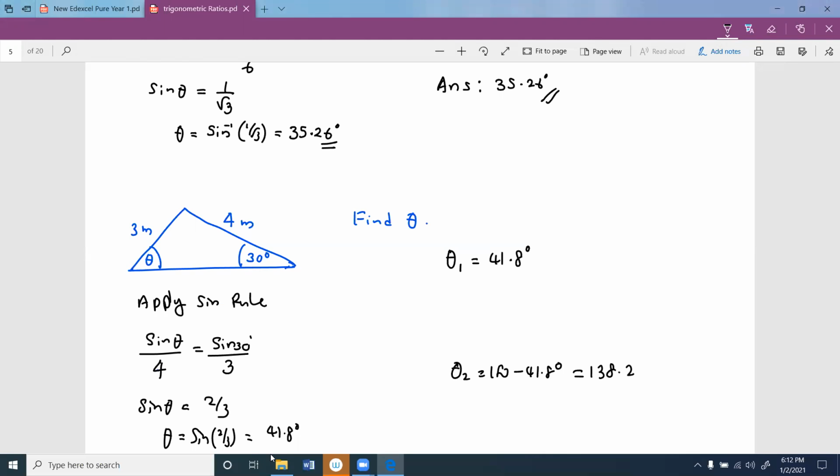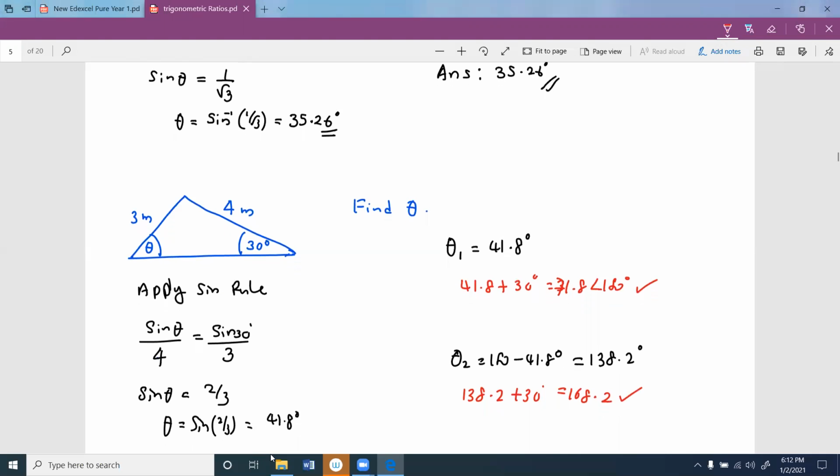Now what we need to do is add and check the angles. 41.8 plus 30 is 71.8, which is less than 180. So this is okay. And this one also is fine: 138.2 plus 30 is 168.2. This one is also correct. So you can write both answers as correct.